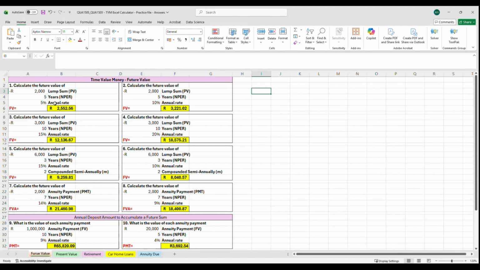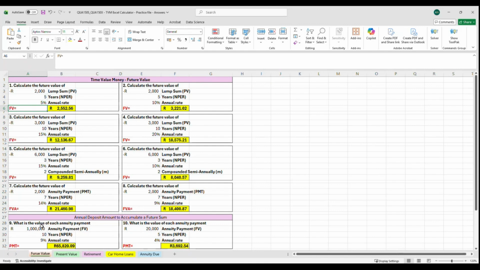Cool. So this file has future value, present value, retirement, car loans, and annuity due. But if you remember, with time value of money, we always calculate certain things.